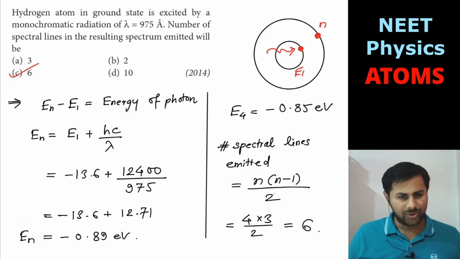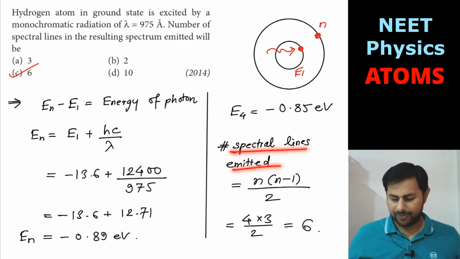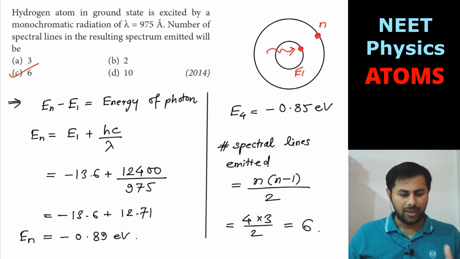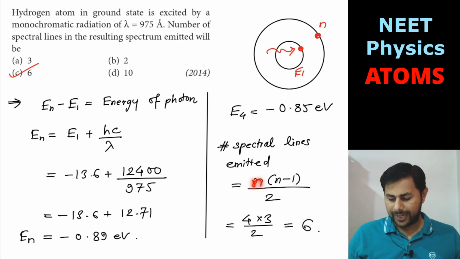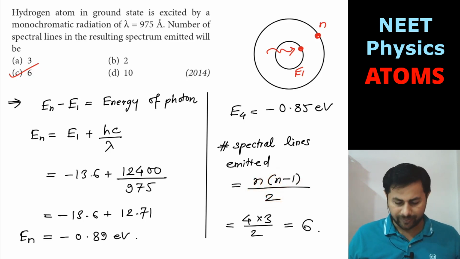So what should you do? Just make use of this formula: n times n minus 1 divided by 2. The number of spectral lines emitted is equal to, with n being the orbit the electron is in right now, n times n minus 1 divided by 2. Just remember that.